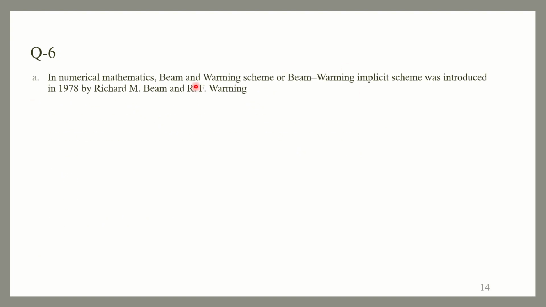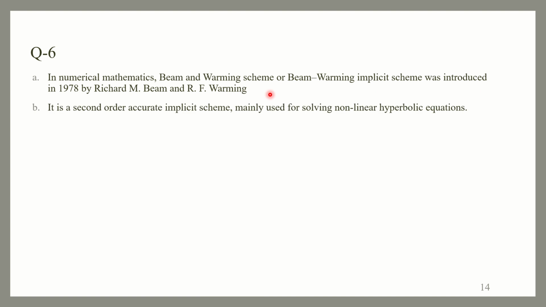In numerical mathematics, the Beam-Warming implicit scheme was introduced in 1978 by Richard Beam and R.F. Warming. It is a second order accurate implicit scheme mainly used for solving nonlinear hyperbolic equations. It is not used much nowadays.